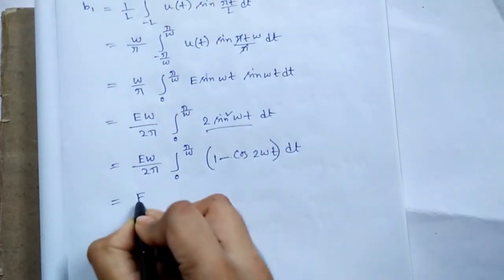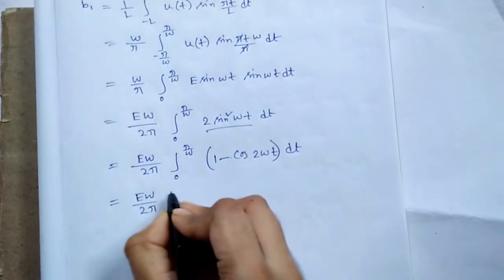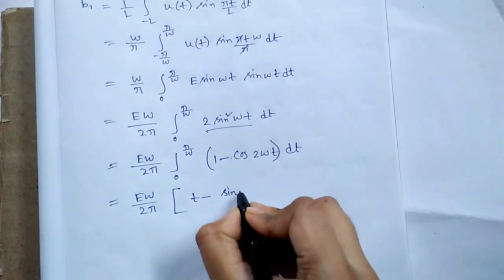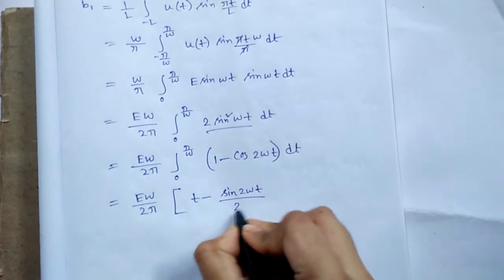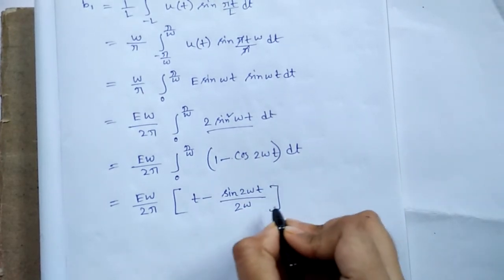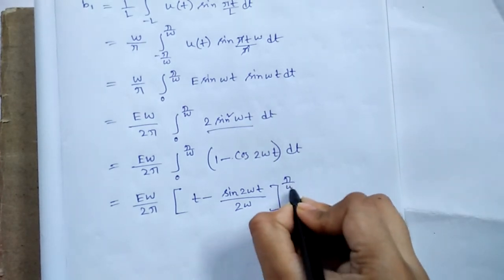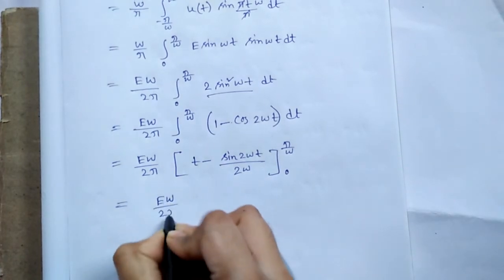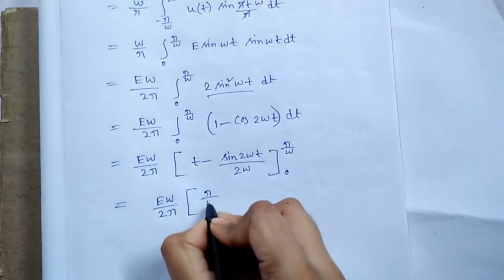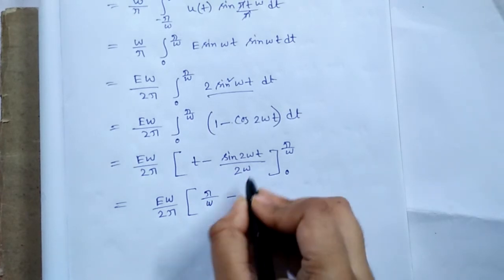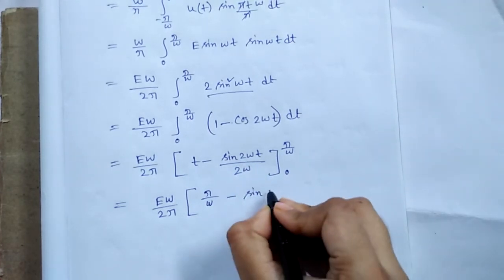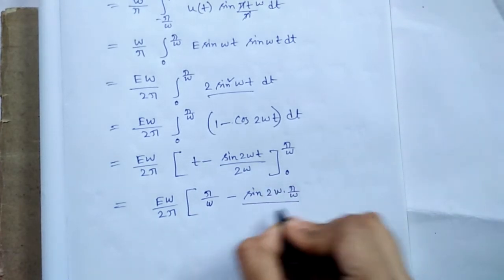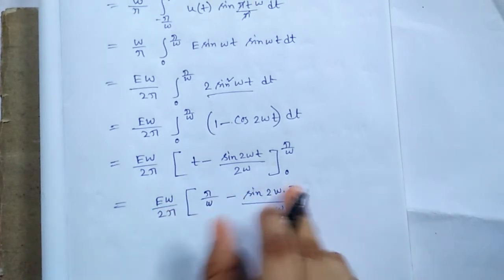So we get e omega by 2 pi, t minus sin 2 omega t by 2 omega, from 0 to pi by omega. This is equal to e omega by 2 pi, omega pi by omega minus sin 2 omega into pi by omega by 2 omega, minus 0.